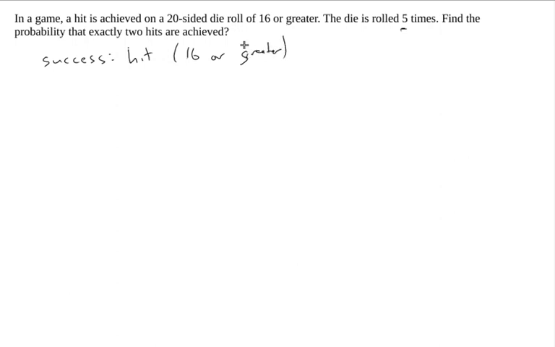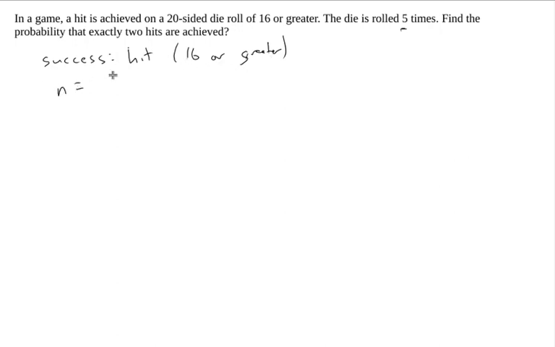I kind of jumped past the fact that I'm doing a binomial distribution here, but as soon as I made the observation that I'm doing 5 identical trials and I'm just determining if I get a hit or not, that's when I realized that this should be a binomial. And so I define my success, 16 or greater.